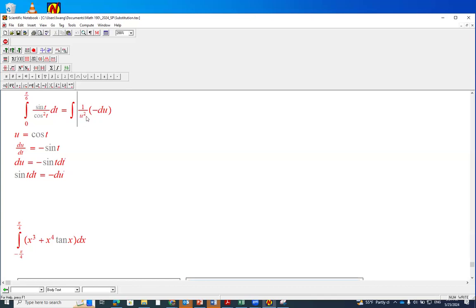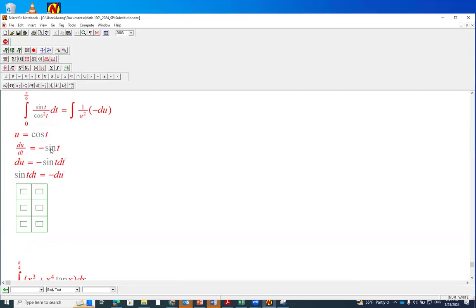So we have 3 substitutions. Substitution on the function, substitution from dt to du, and the last but not least is the interval. So now we got the interval from t to u. Okay, u equals cosine t.